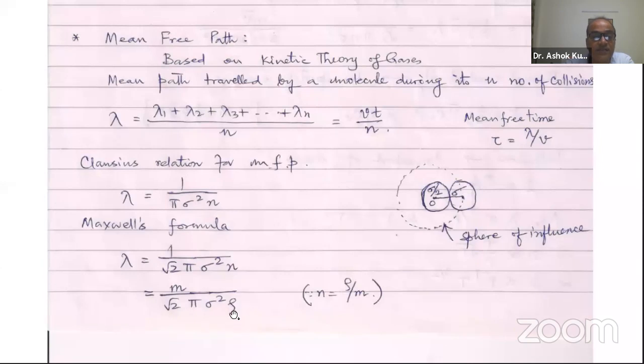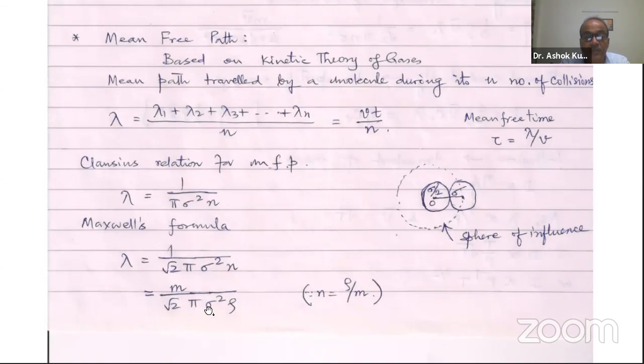Now this is very good. n is equal to rho upon m. Rho is density, so because it is molecular density, density upon m gives the number. Therefore, it has been replaced by this. Okay, so these are measurable parameters, and sigma is the size.